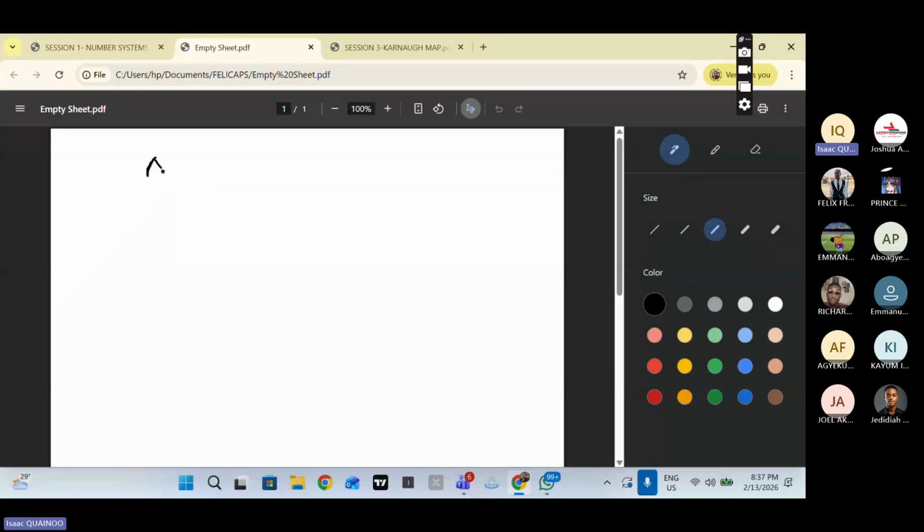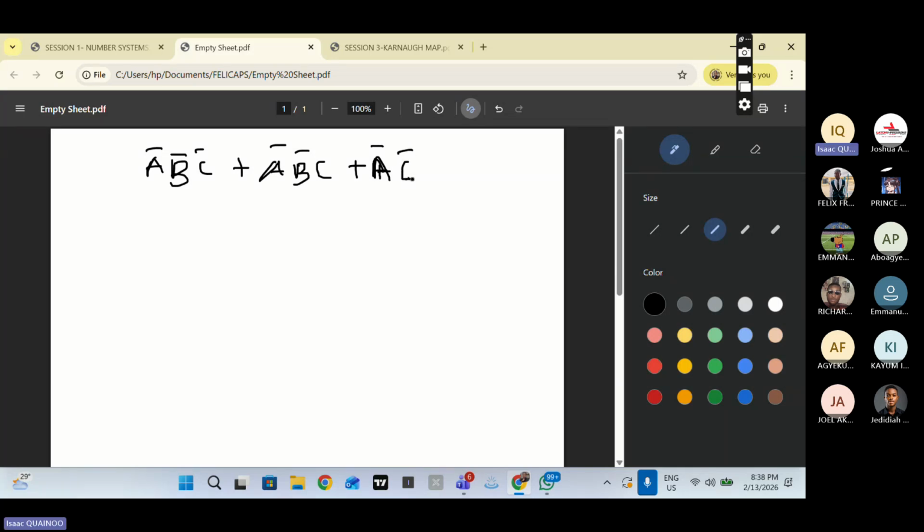So we have A bar, B bar, C bar, plus A bar, B bar, C, plus A bar, C bar.